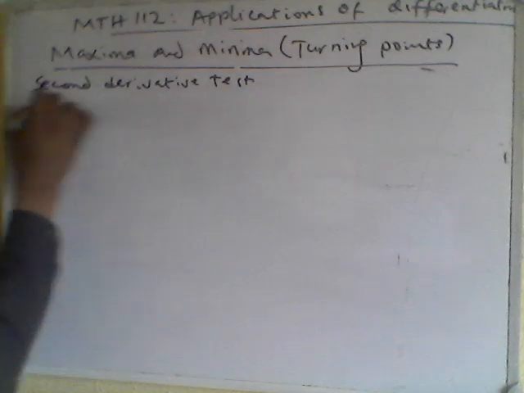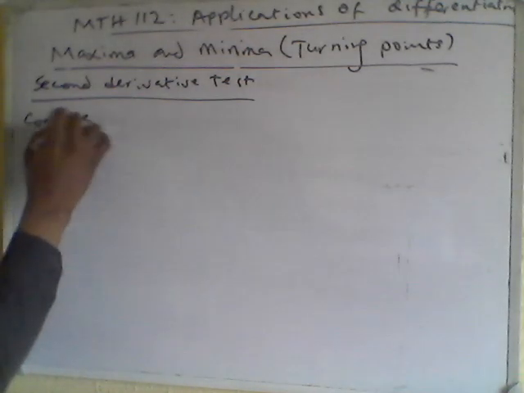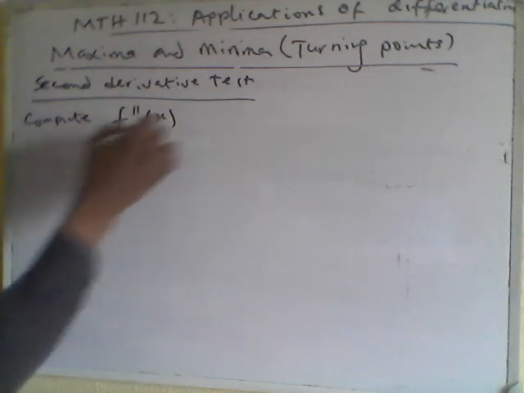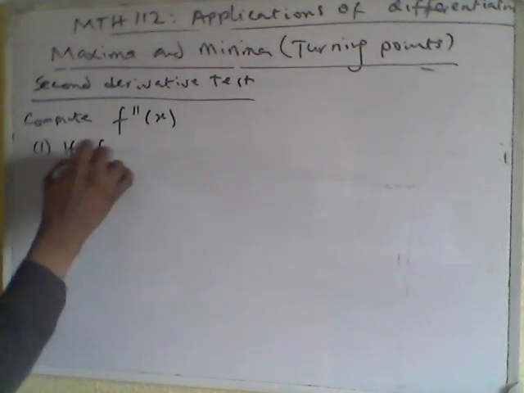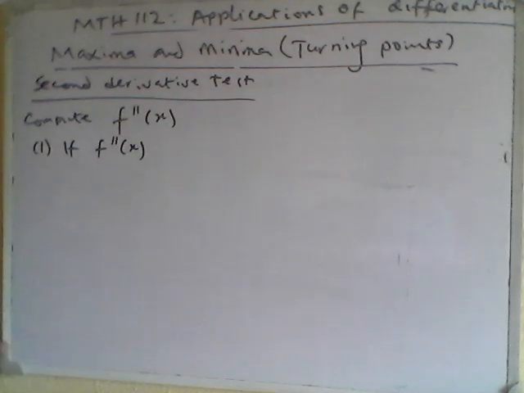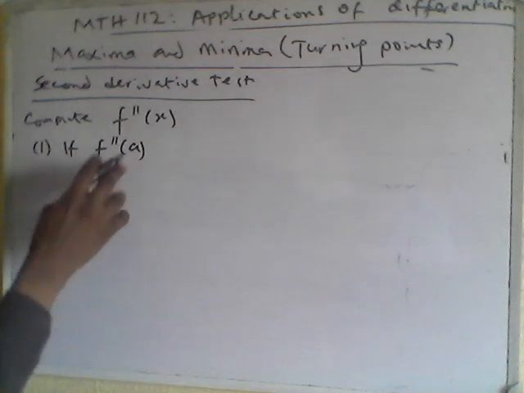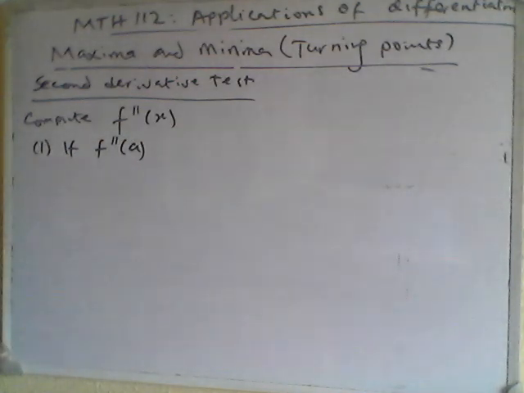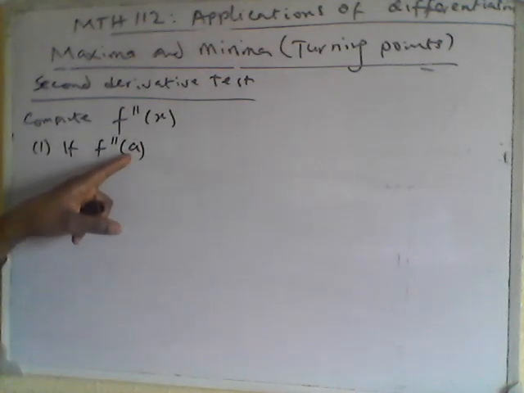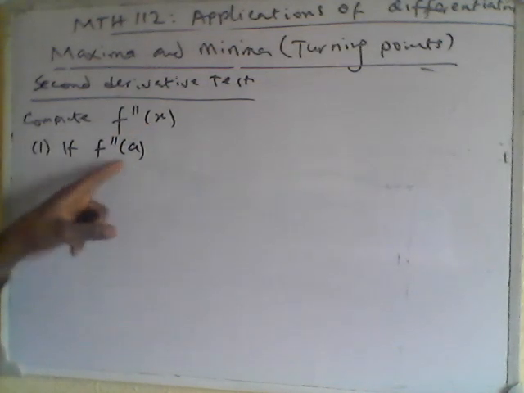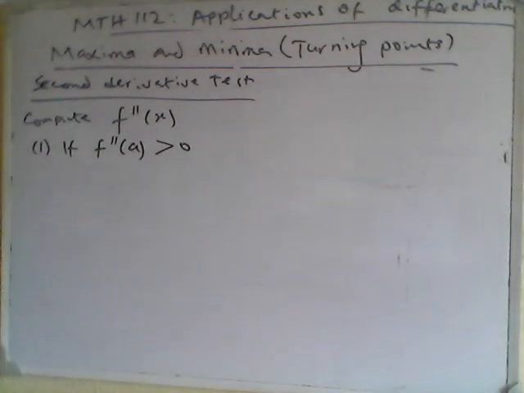For the second derivative test, the first thing you do is compute that second derivative, f prime prime of x, right? You get it. Now, number one condition, if f prime prime of a, and if I put a here, it means that I'm substituting a value called a into the second derivative. If I substitute that value a and it is greater than 0, understand?